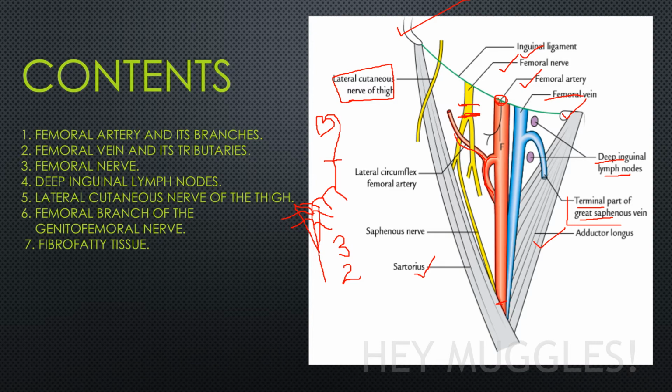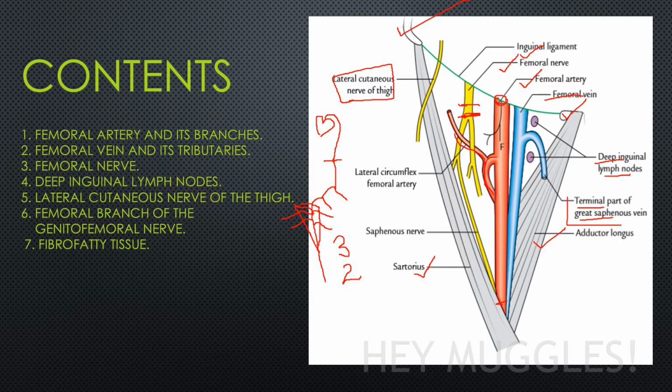It divides into anterior division and posterior division, right? The anterior division gives two cutaneous branches, right? That is your intermediate cutaneous nerve of thigh and medial cutaneous nerve of thigh, right?